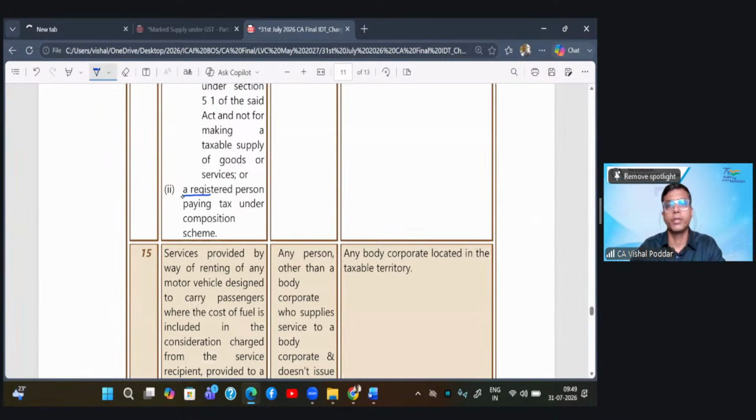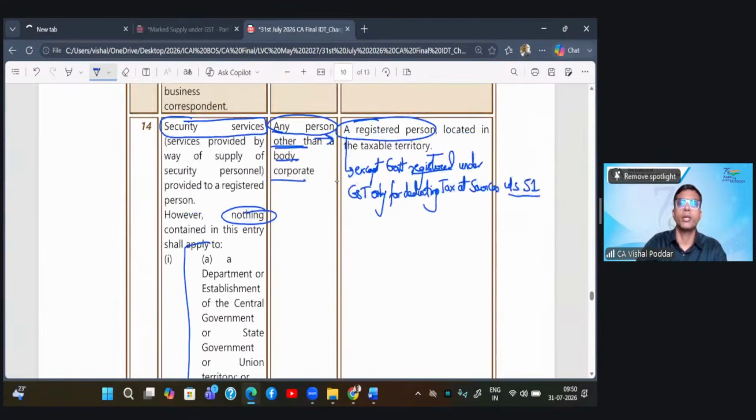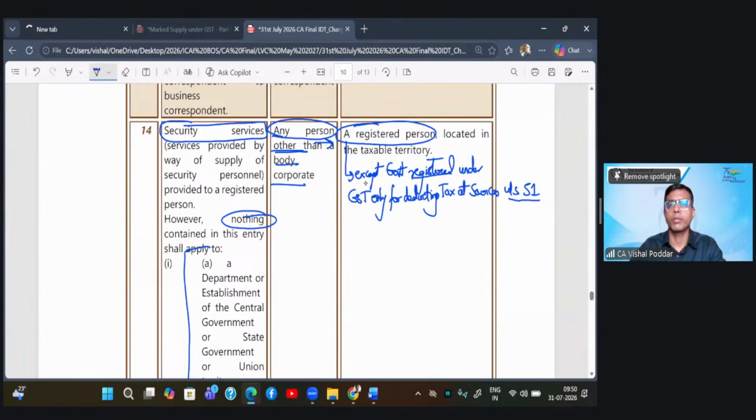Second, a registered person who is registered under the composition scheme. So two people are excluded here: except government and also except composition dealer.